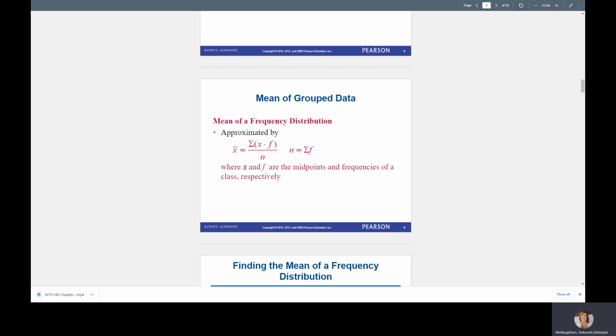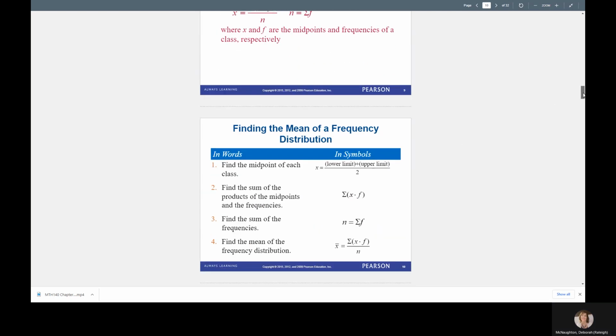So we take the midpoint times the frequency of that class, multiply those together, and then sum all of those. Then we divide by the total number of data points, which is the sum of the frequencies. So this is how we calculate the mean for a frequency distribution.